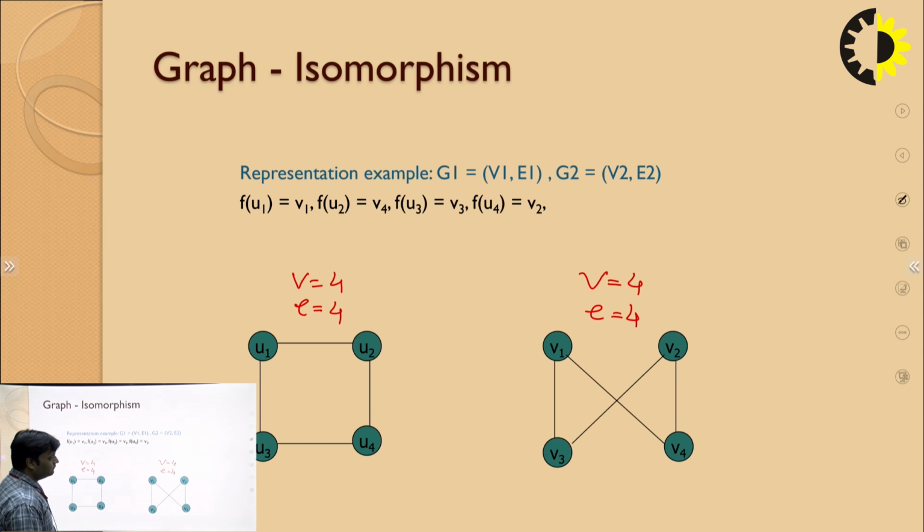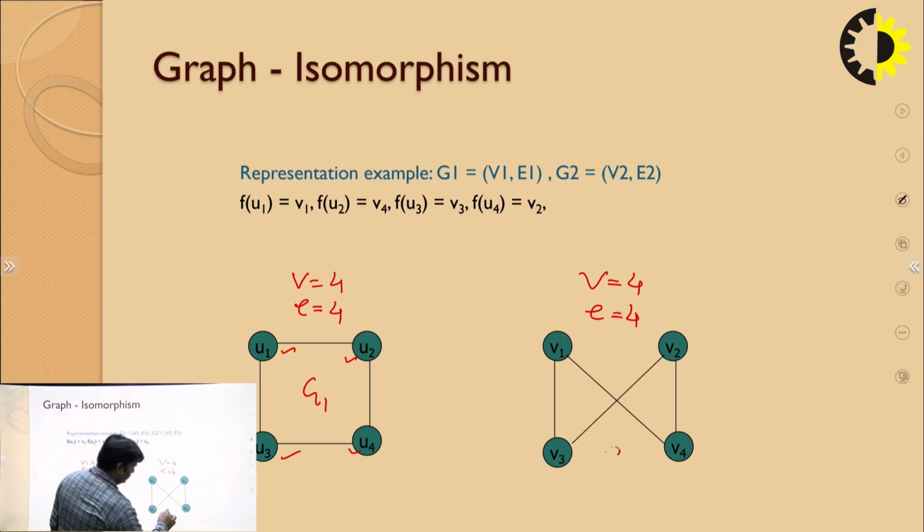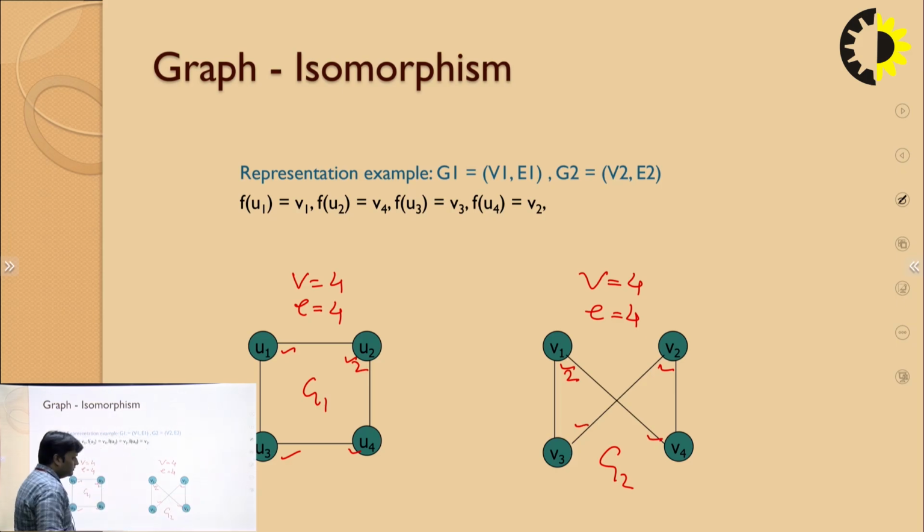And the degree of each vertex is 2, in G1 and in G2 each vertex has degree 2.